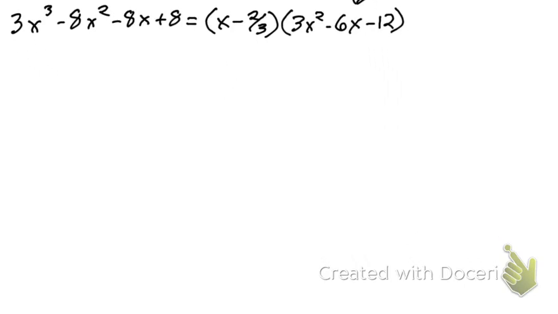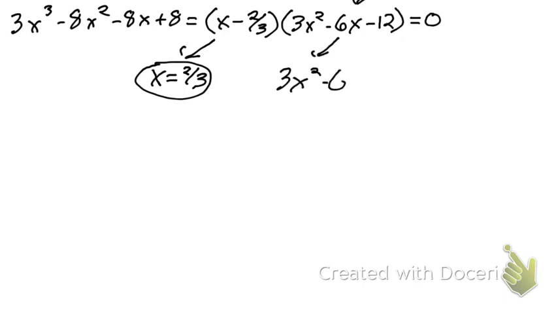All right, so I'm right here with you. I'm trying to find my zeros, so let's just make this equal to 0. So either my x equals 2/3, or this big section here, 3x squared minus 6x minus 12 equals 0. But guess what?